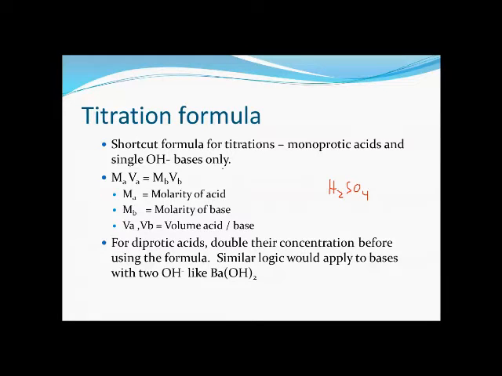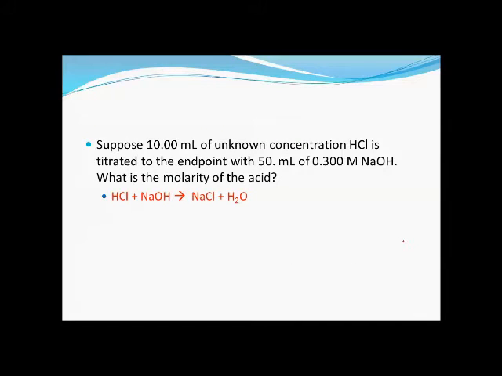We would want to double the concentration of a diprotic acid like H2SO4 before we put it in this formula, or double the concentration of a base with two hydroxides like this. Now, this isn't going to come up very often. 90% of the time, we'll just be able to use this formula in a really straightforward way. And I'll show you some examples of how that works in just a second.